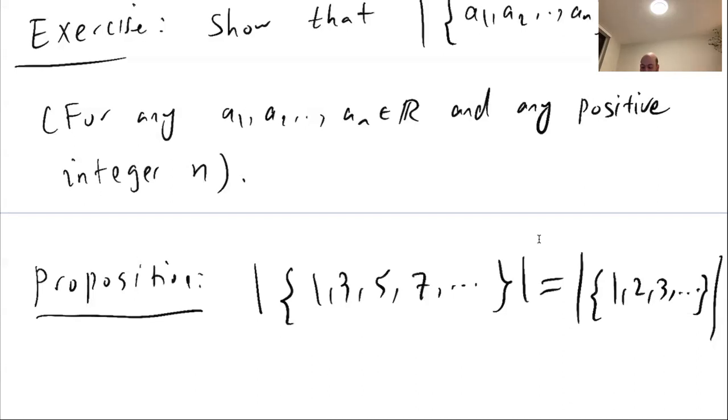This is a little bit surprising. If you intuitively want to answer this question, is the cardinality of only odd numbers bigger, or the cardinality of all natural numbers? Well, on some level, both of them are infinity, right? They have infinitely many elements.